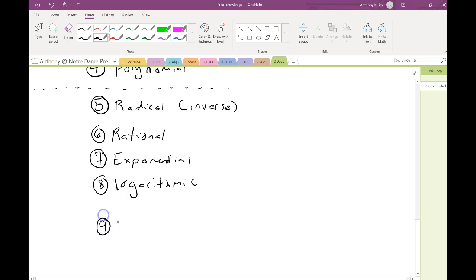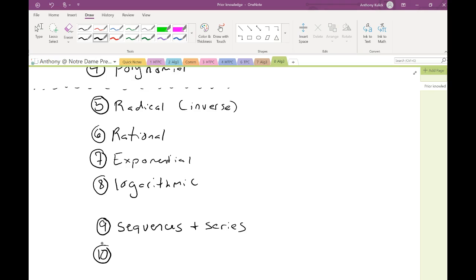Depending on how time allows, the next thing we would talk about would be sequences and series. Usually we get through some of that in this course, maybe not all of the series things, but we should finish the sequence things typically.